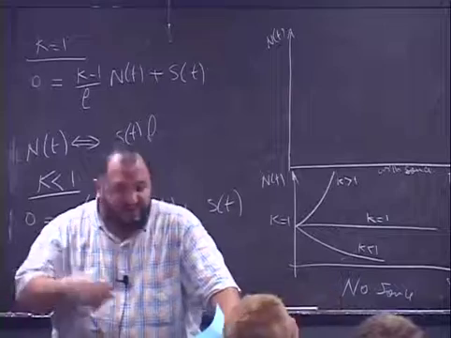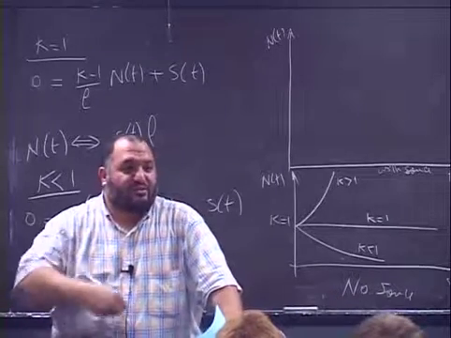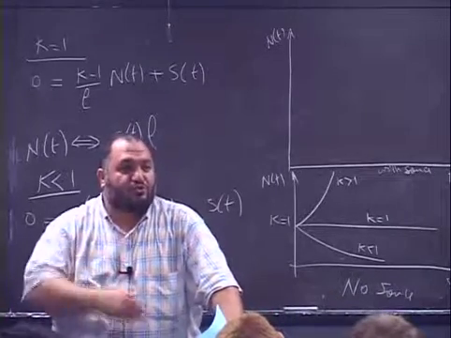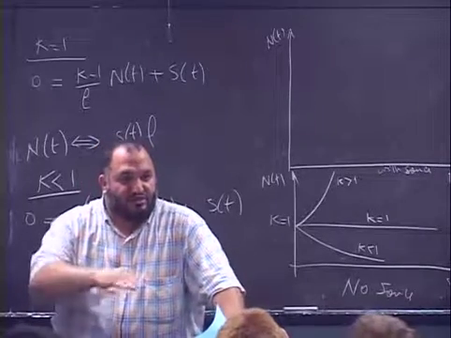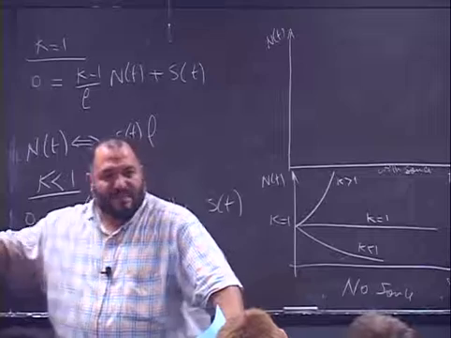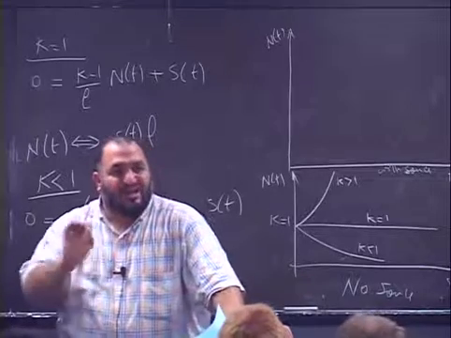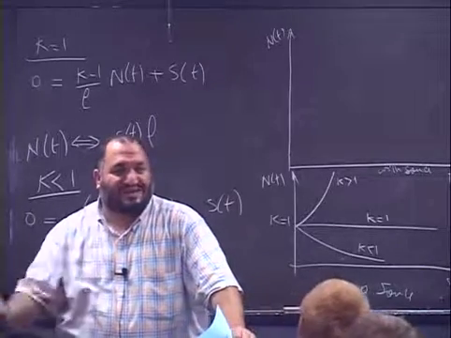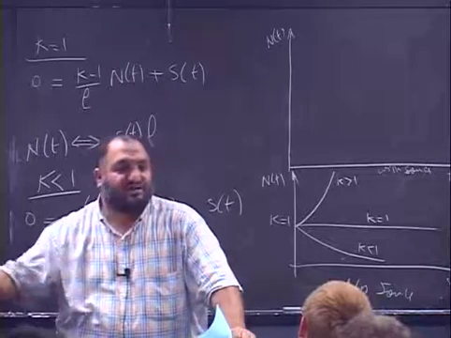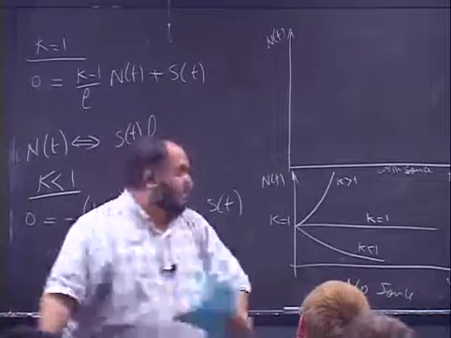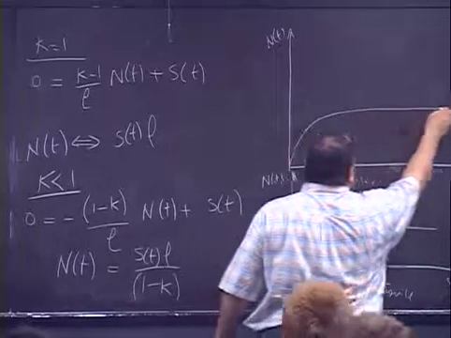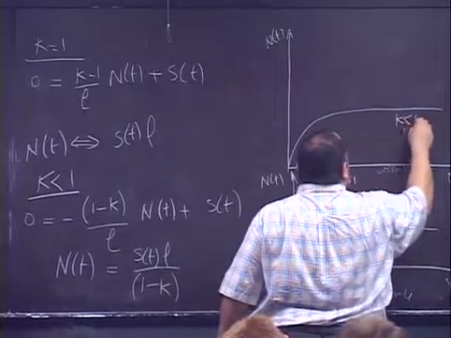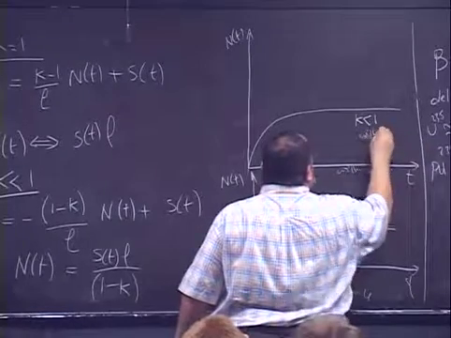But because you have an external source, it keeps spitting neutrons into the core continuously. The neutrons get absorbed, but the source supplies a lot. So you will reach a steady state value. So k less than 1 with an extraneous source, you will achieve a steady state.